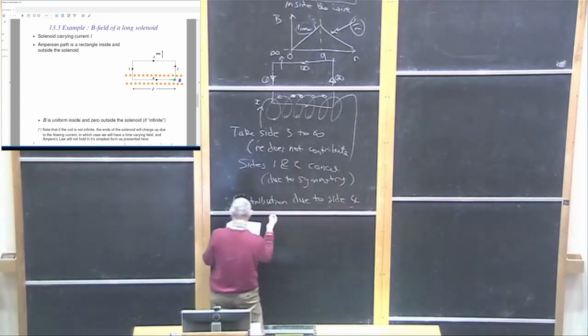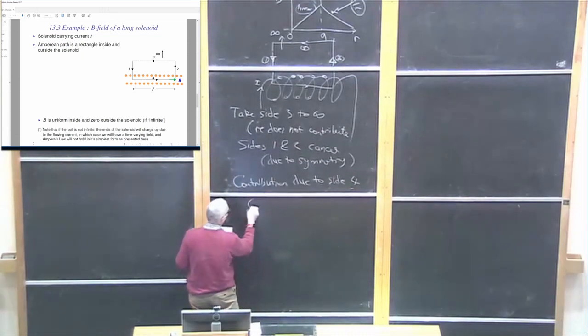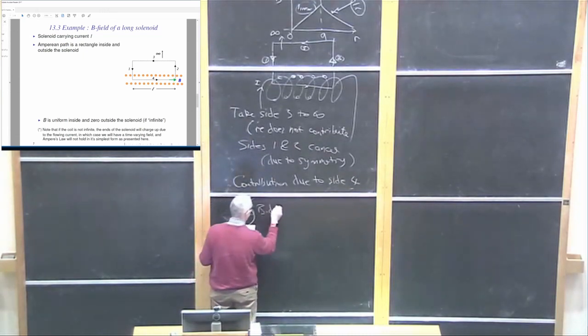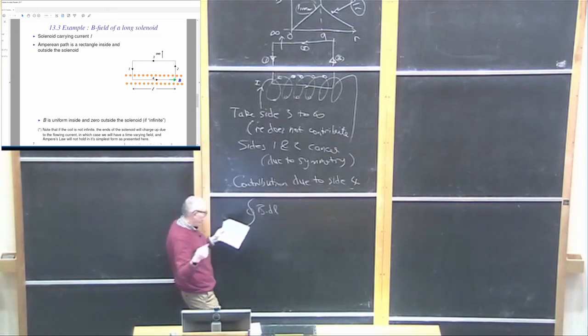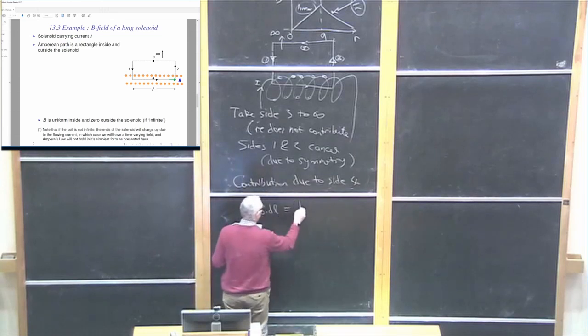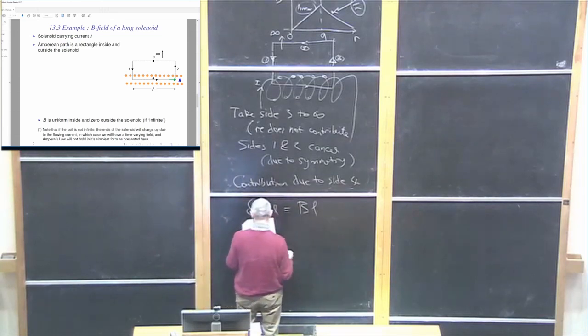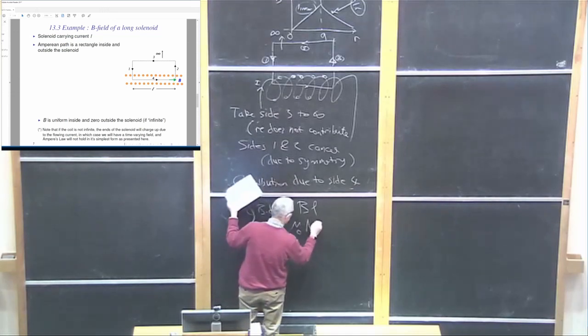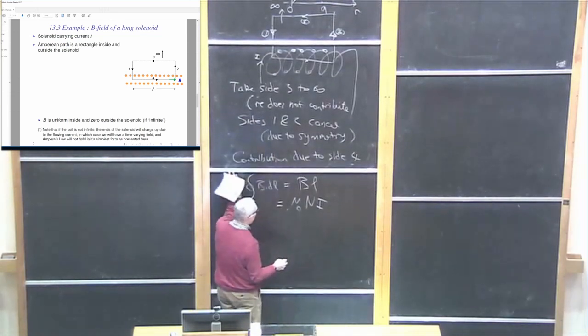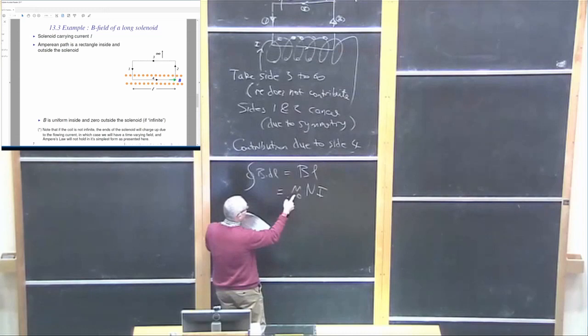So this is the one that we have to calculate, the integral of B dot dl over the 4 sides, 3 of which give 0, is equal to B times L, which equals mu naught n times I. This is Ampere's law, all right?